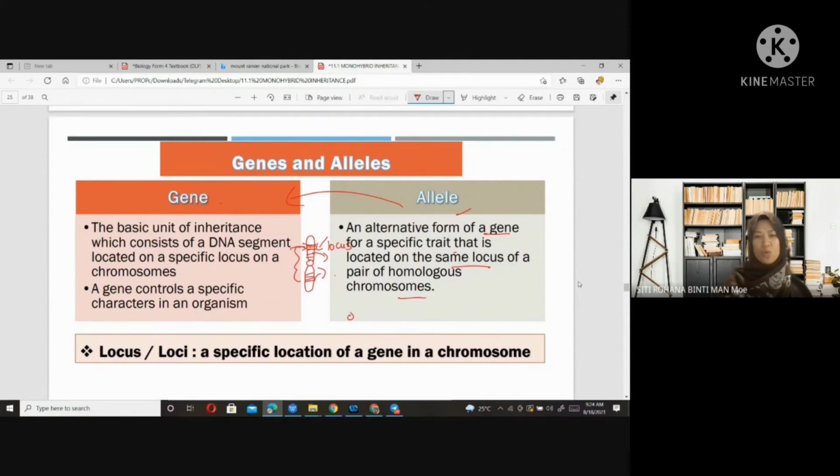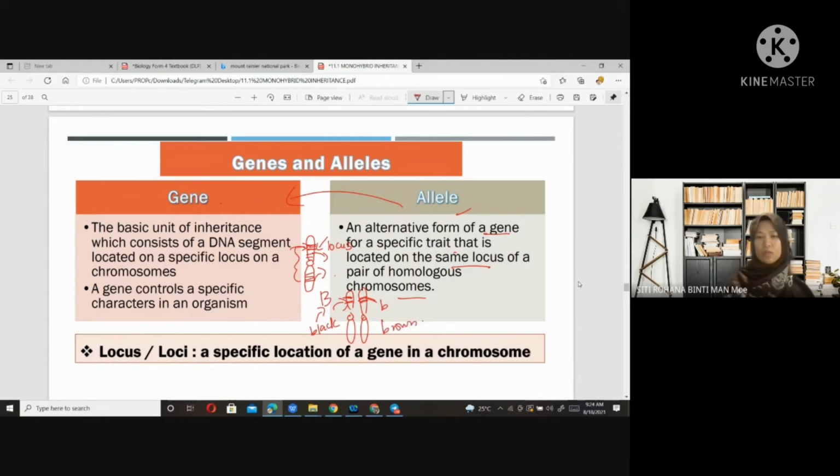Homologous chromosome consists of paternal chromosome, maternal chromosome. Okay, paternal. Awak dapat daripada ayah. Maternal. Dapat daripada ibu. So same locus. Here means that, for example, you obtain capital B, black color for hair. And your mother may be brown. So B, for example, small b.